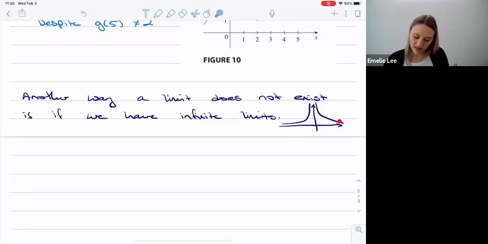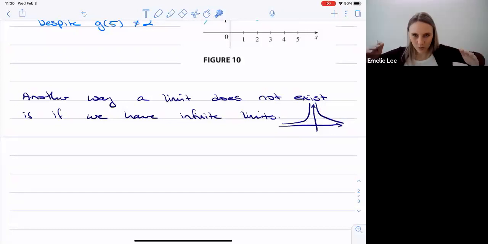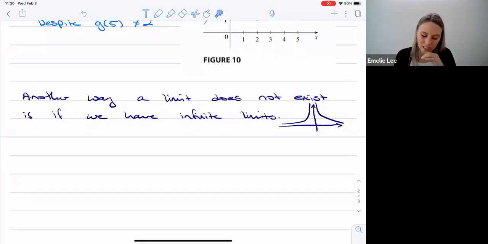And the same thing as we approach x equals 0 from the right, we're shooting up towards infinity. Remember, infinity is not a number, and so it can't be a limit. So the limit doesn't exist. That answer is correct, but we get a little more specific, in the sense that it's approaching infinity.